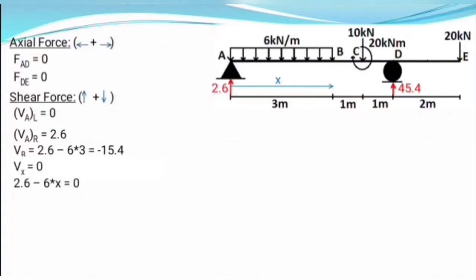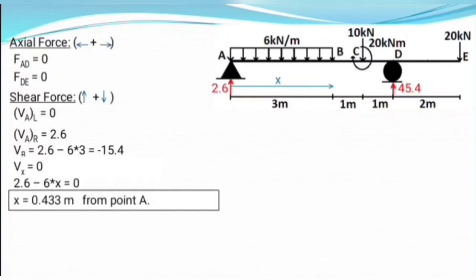Since we are considering forces on the left portion of that point, we multiply 6 with x. On solving this equation we get x equals 0.433 meter from point A. So shear force changes its sign at 0.433 meter from point A.